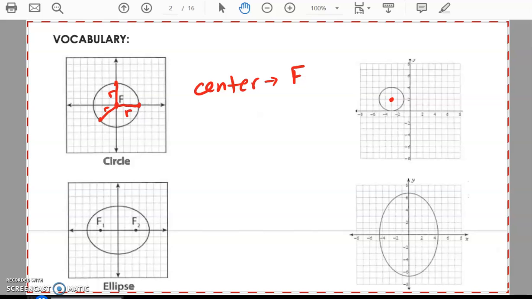That's really the only attribute we talk about for a circle, the center and the radius. Now for an ellipse, we talk about these 2 points right here. It has 2 foci. As you look at the 2 images, the left and the right, this is what we call a horizontal ellipse, and this is what we call a vertical ellipse.